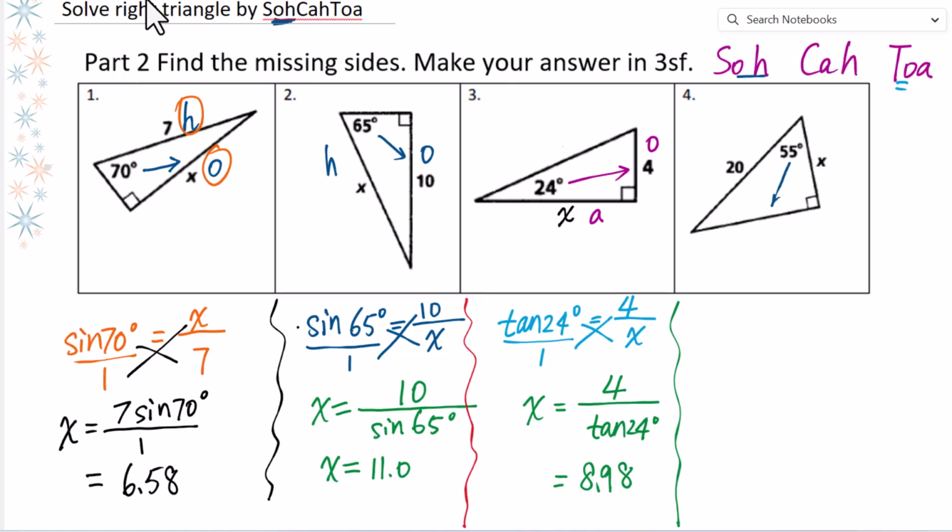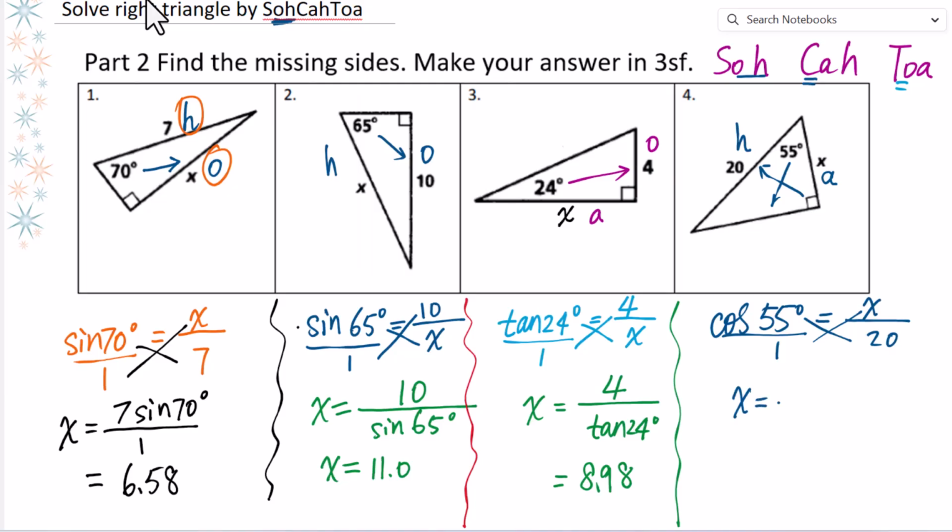This is the opposite. We don't label. The other leg is adjacent. Hypotenuse. AH is cosine. Cosine 55 degrees equals A over H is X over 20 over 1, cross multiply.